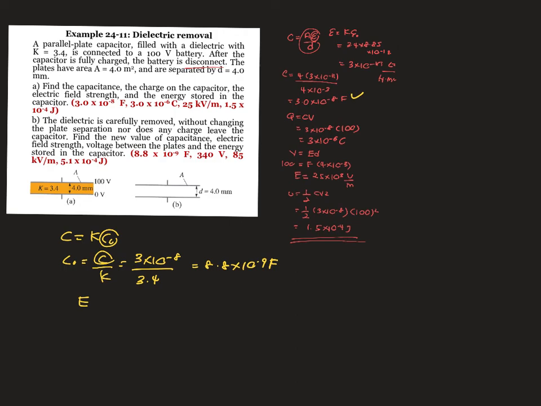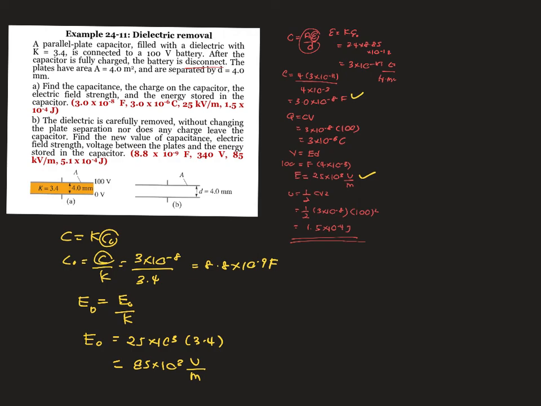So you are going to use the formula E equals to E naught over K. For you to find the electric field without the dielectric, you just multiply your E, which you get from this question, 25 to the power of 3, multiplied by K. K is 3.4. Therefore, your answer is 85 to the power of 3 volt per meter.